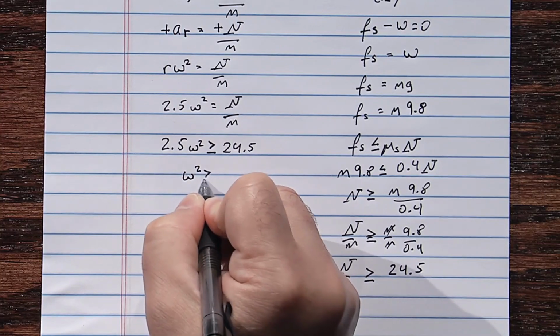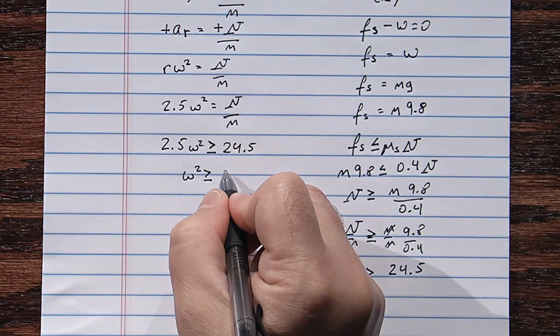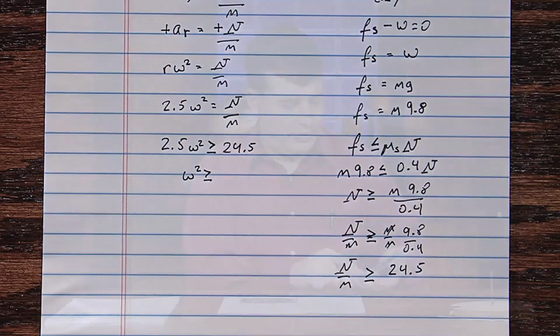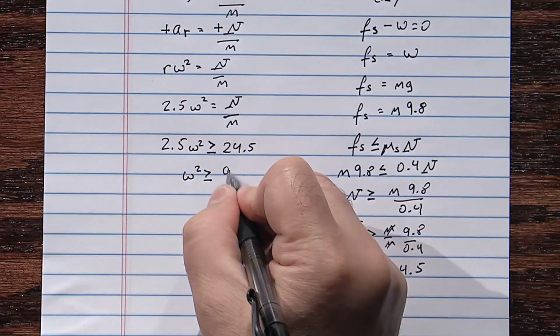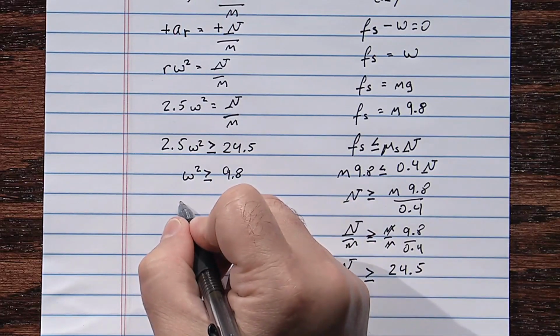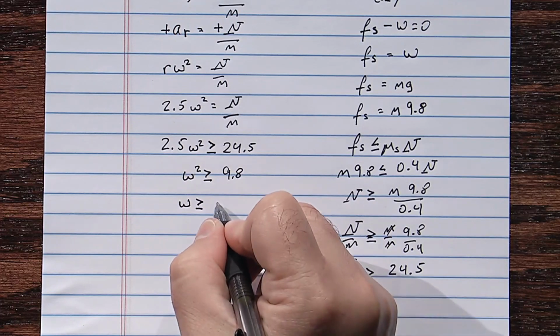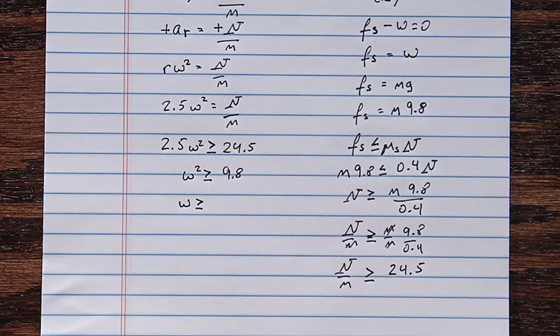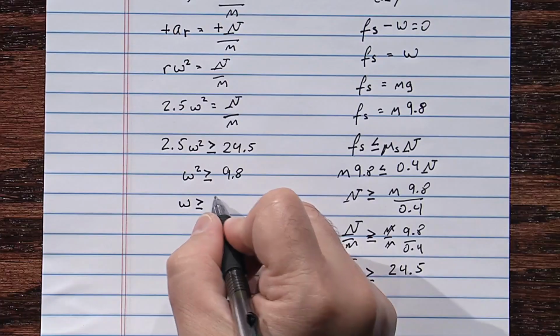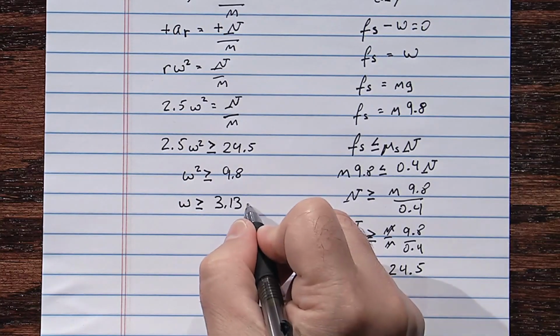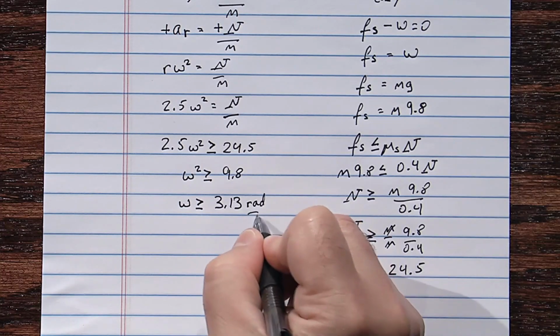Omega squared has to be greater than or equal to 24.5 divided by 2.5, or 9.8. And then when we take the square root, we see that omega has to be greater than or equal to the square root of 9.8, or 3.13 radians per second.